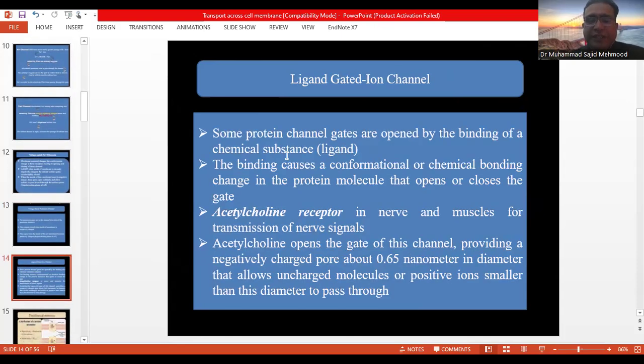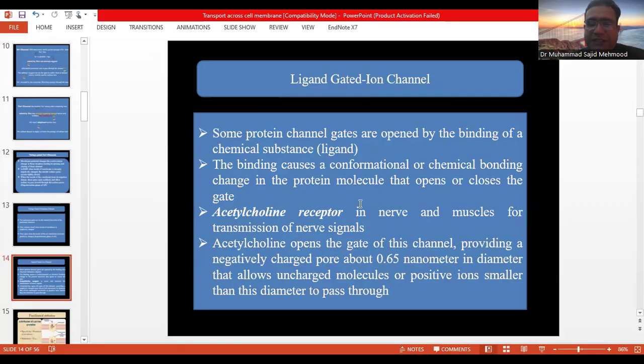There is also another type of channel called ligand gated channels. Some protein channel gates are opened by binding of a chemical substance. When a substance binds with the channel, this binding causes a conformational change or change in the chemical bonding of the protein receptor and opens or closes it.